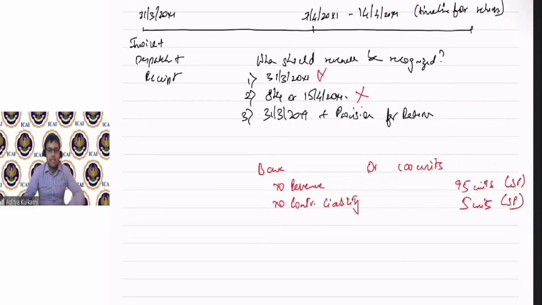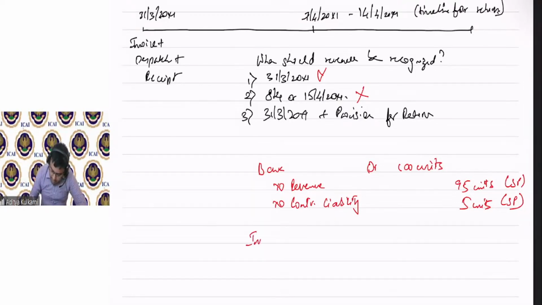The story does not end here, my friend. You are not recognizing the revenue on 5 units. If you are not recognizing the revenue on 5 units, you also have to reverse the cost of goods sold on those 5 units.